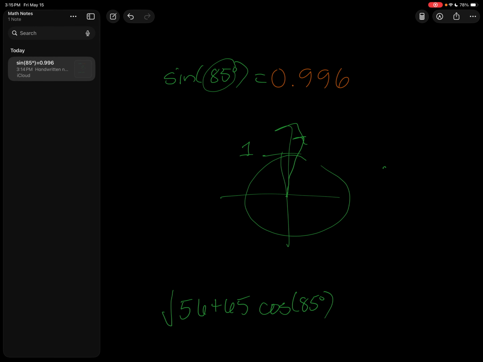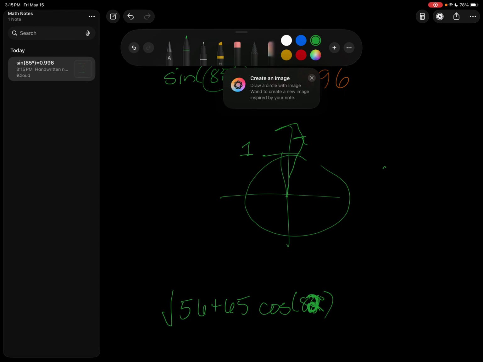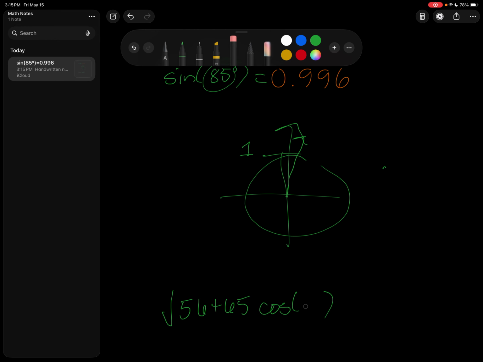I don't know how to do it. Maybe the back end of the pencil doesn't do eraser. Oh, there it is. There.